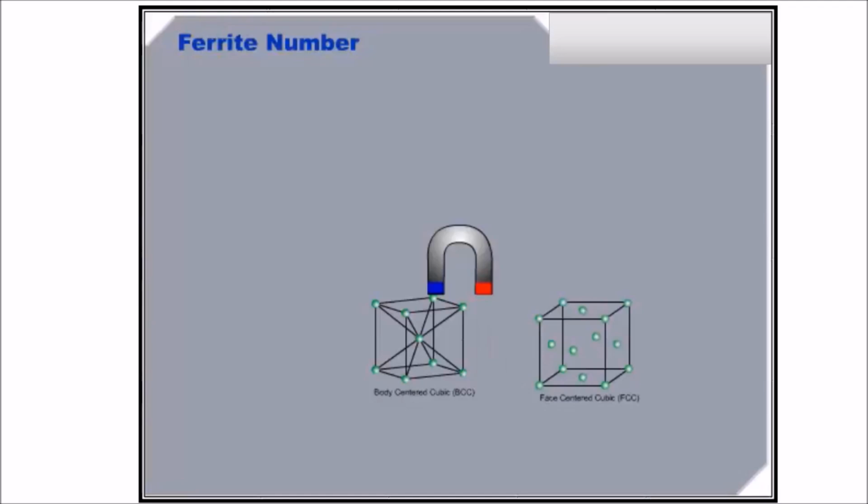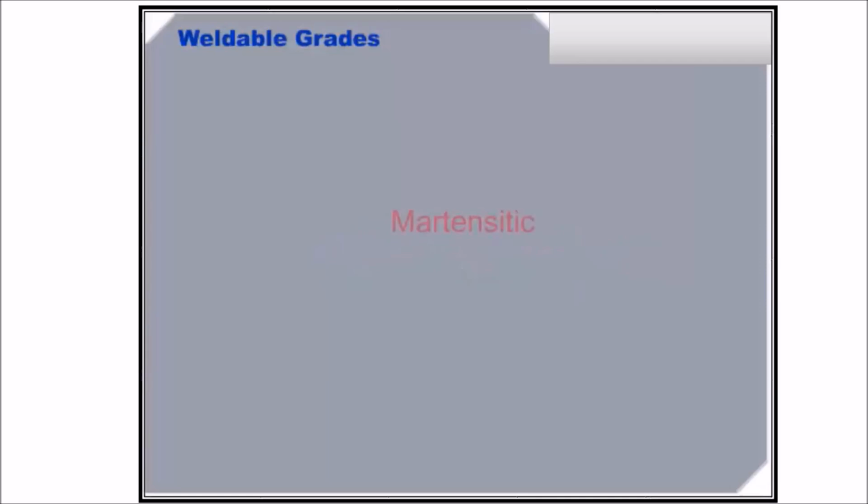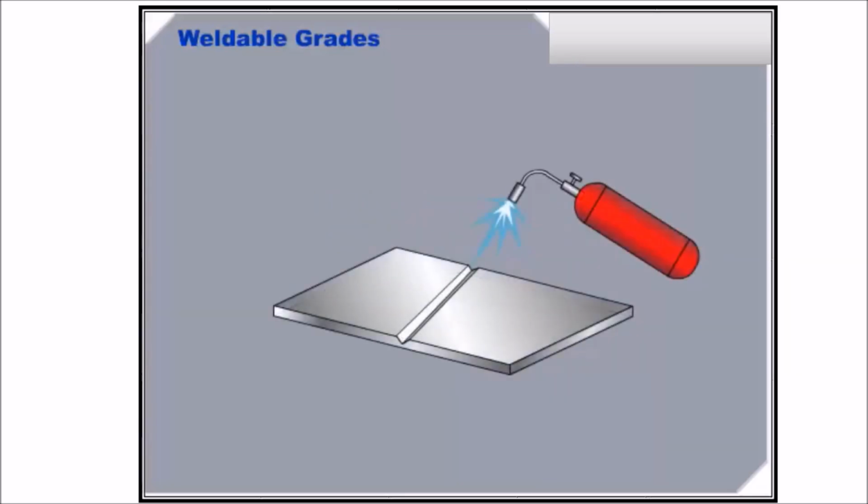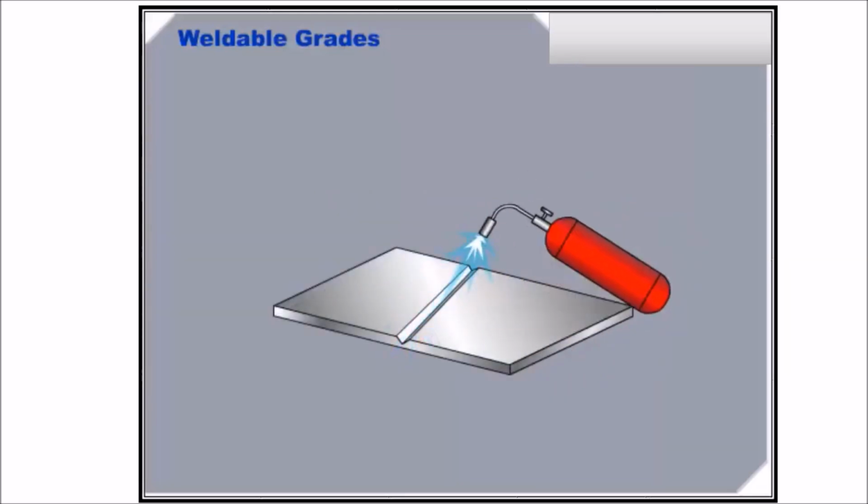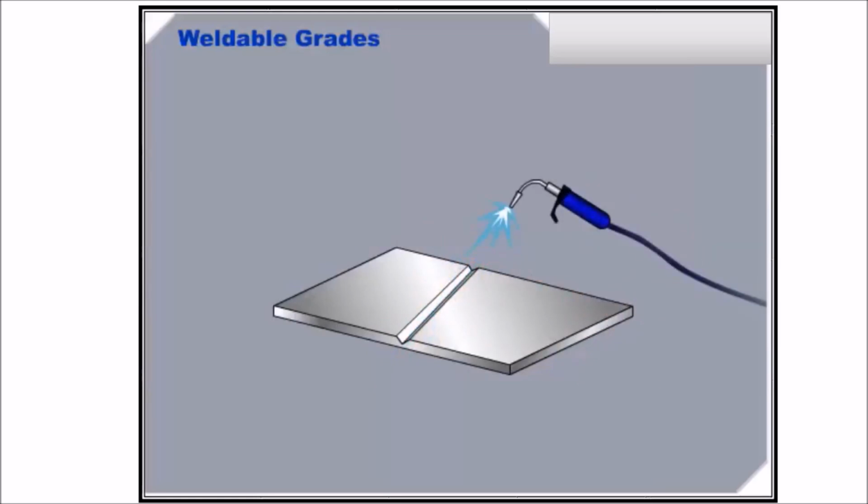The ferritic grades are also considered weldable with the proper filler metals. The martensitic grades are the most difficult to weld and often require special preheating and post-weld heat treatment. Procedures have been developed to weld these materials and must be followed carefully to avoid cracking problems and maintain the mechanical properties of the base metals.